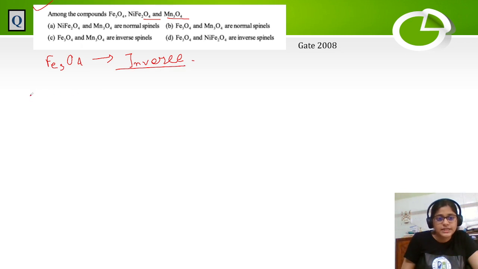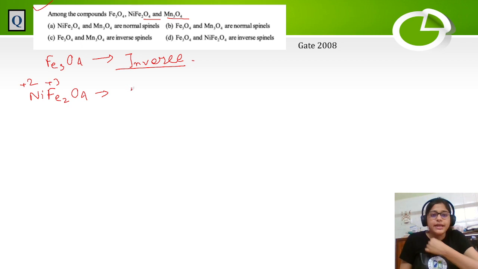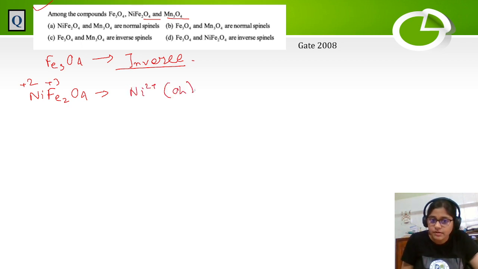And the second one, NiFe2O4, it has Ni2+ and Fe3+. So we have to calculate the CFSE of Ni2+ in octahedral. It is d8, right? And it has the highest CFSE. How?